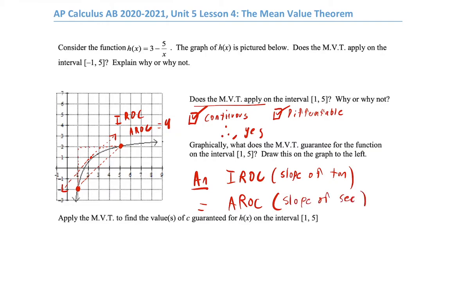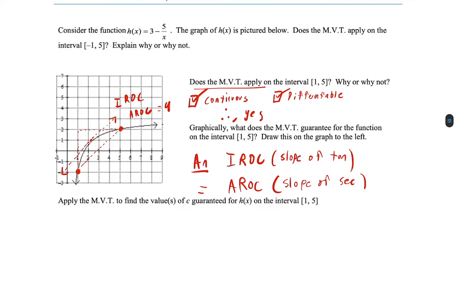All right, so let's apply the MVT to find it. We already found the AROC, the average rate of change. Just quickly, if I was doing this as a free response question, I would say the average rate of change is, let's see, this is y2 minus y1, so 2 minus negative 2 over 5 minus 1. So we'd have here again, just 4 over 4.